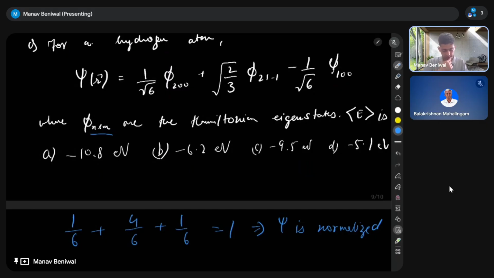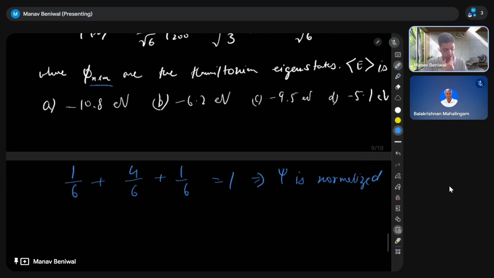Now for energy, we know energy depends only on the n eigenvalue. So energy is given as minus 13.6 by n squared, right? And EV.